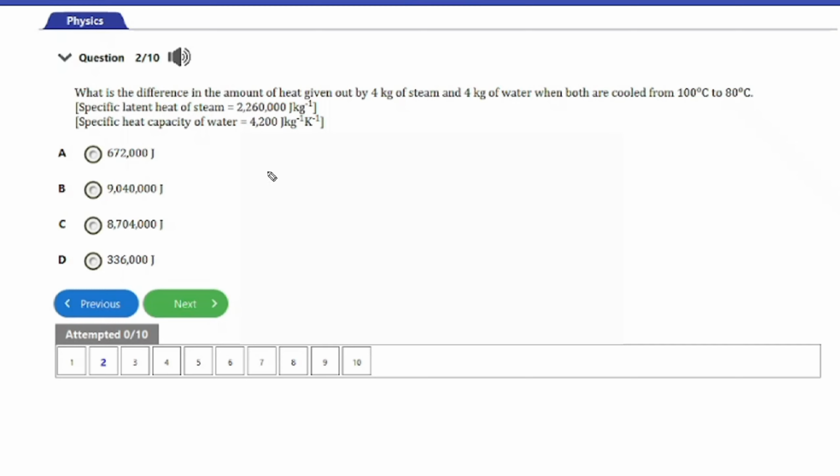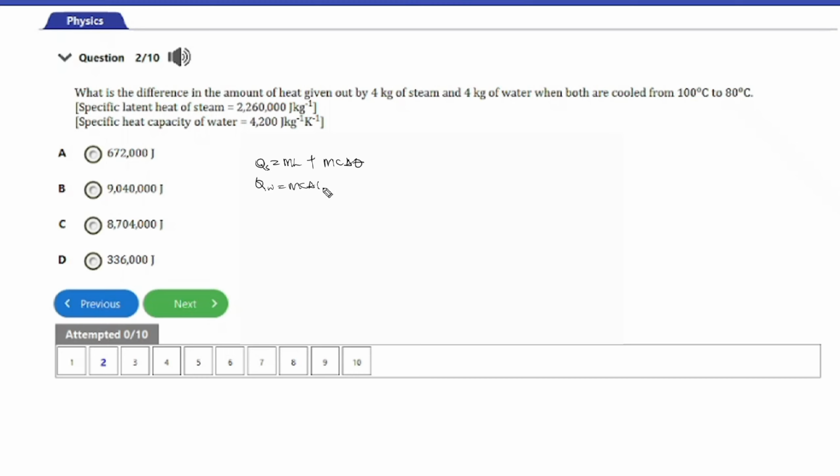If we're going to solve this out together, we're going to still have that Q will be ml plus mc delta theta for steam, and then Q is equal to mc delta theta for water.